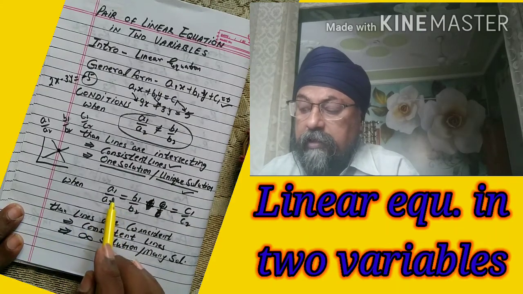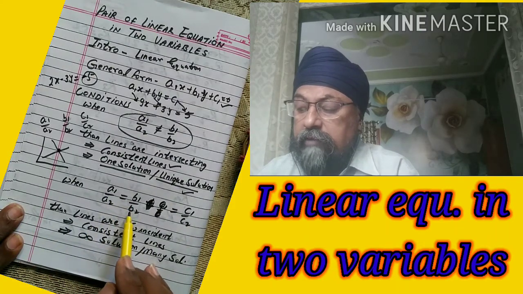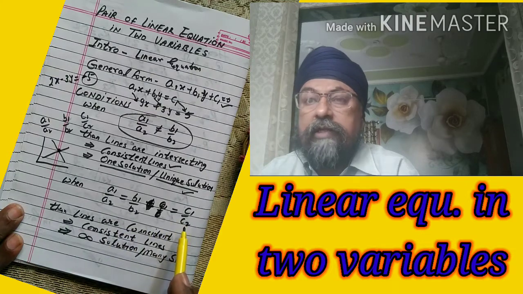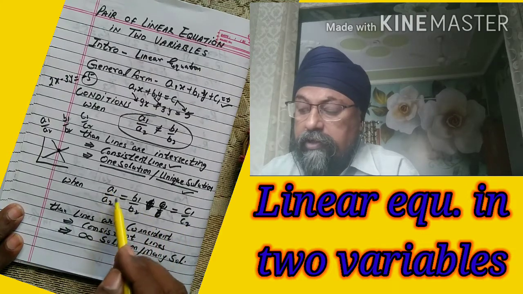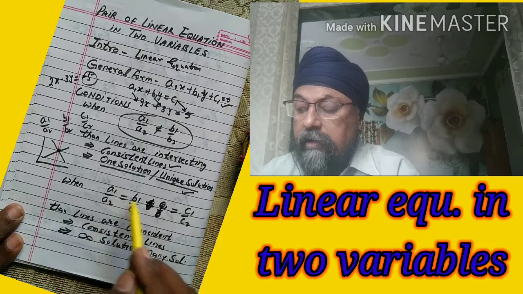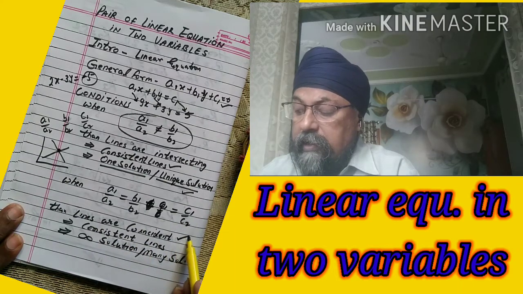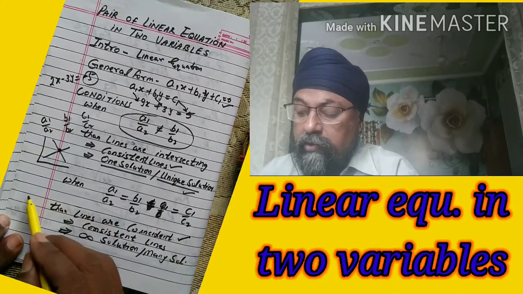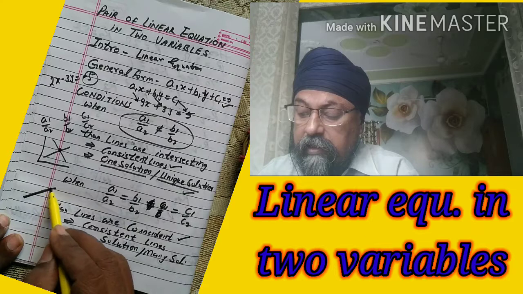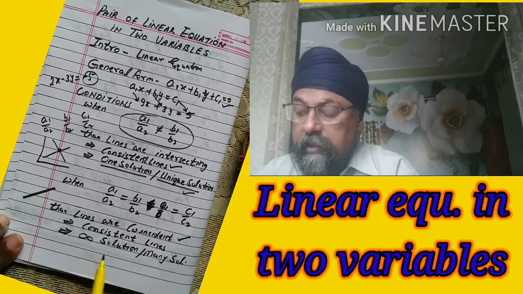Now second: a1 upon a2 is equal to b1 upon b2 equal to c1 upon c2. When the ratios of a of both equations, b of both equations and c of both equations are equal to each other, then the lines are called coincident lines. Coincident lines mean one line lies on the other line.